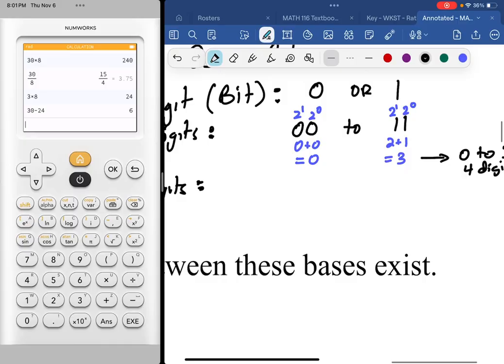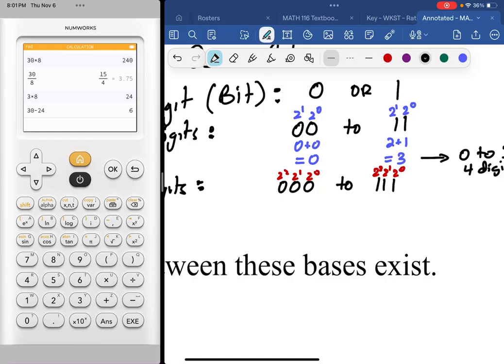All right. 3 binary digits, 0, 0, 0 to 1, 1, 1. The place values would be 2 to the 2nd, 2 to the 1st, 2 to the 0th, right? Which really amounts to 4, 2, and 1 if you want, right? But I'll write it as 2 to the 2nd, 2 to the 1st, and 2 to the 0th.